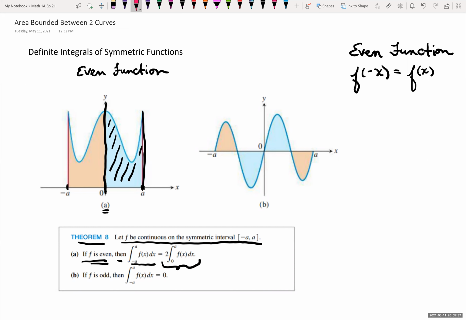Recall that to be an odd function meant that if we plugged in negative x wherever we saw an x and a negative y wherever we saw a y, then that would give us the original function. So negative f of negative x equals our original function f of x.